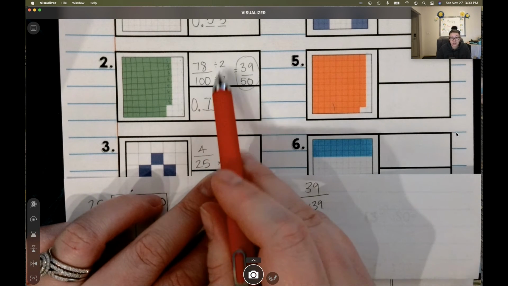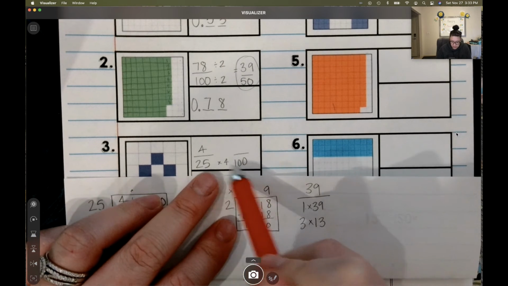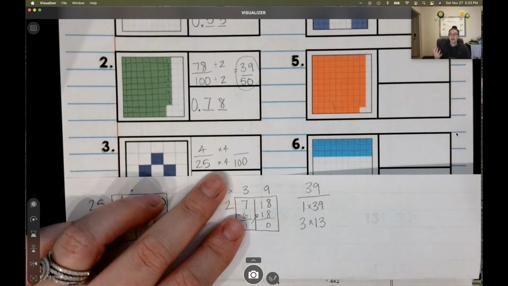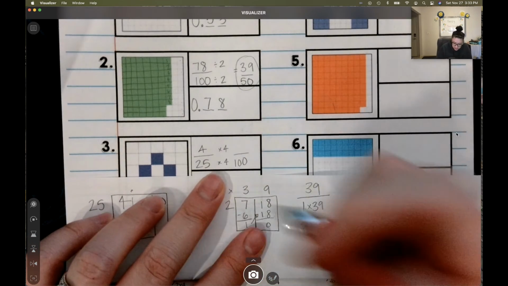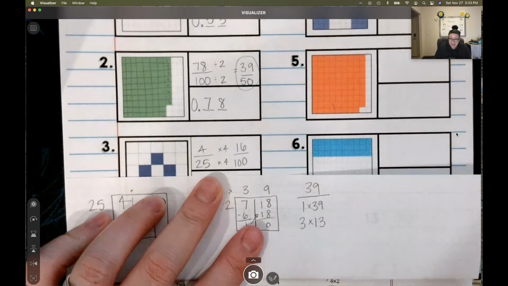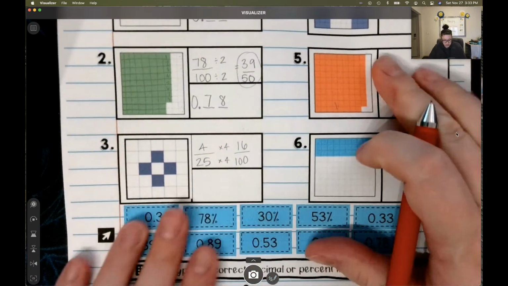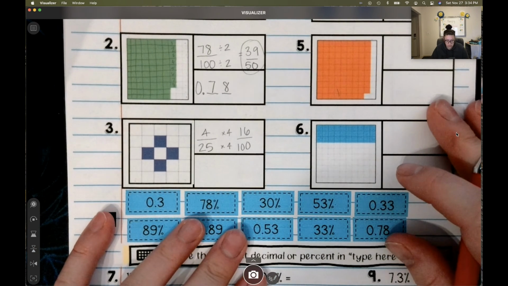And what I do to my denominator, I have to do to my numerator too. So to go from 25 to 100, I do times 4. If I do the same thing for my numerator, I'll get an equivalent fraction. 4 times 4 is 16. So this is equivalent to 16 hundredths.